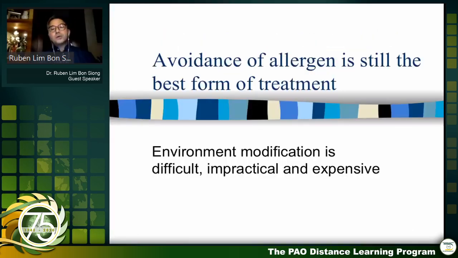In the treatment of allergy, avoidance of the allergen is still the best form. You have to make sure you avoid what you're allergic to. But if you're allergic to pollution, pollen or dust, it's very difficult to avoid.